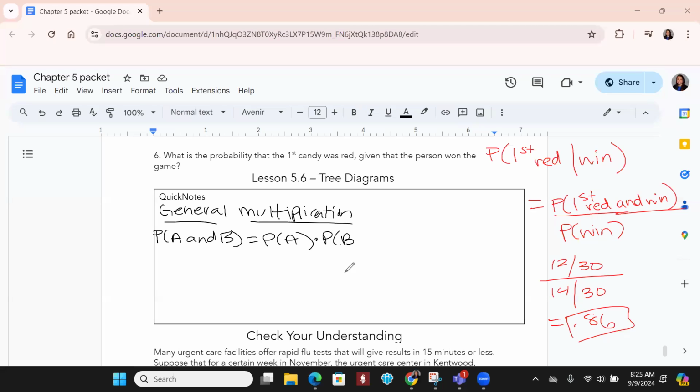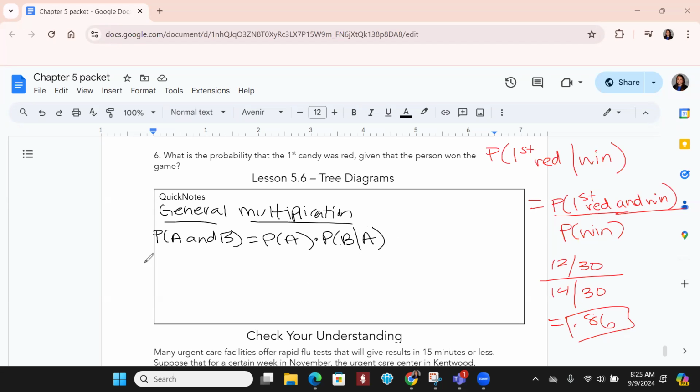And it's the probability of B given that we had A. We've already talked about what it means if they are independent.